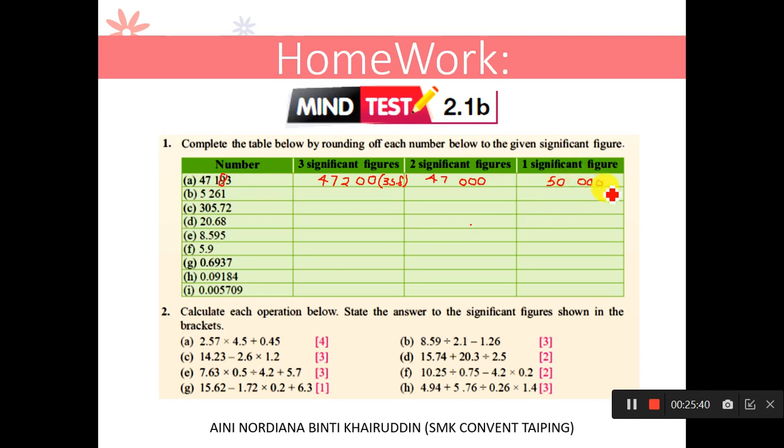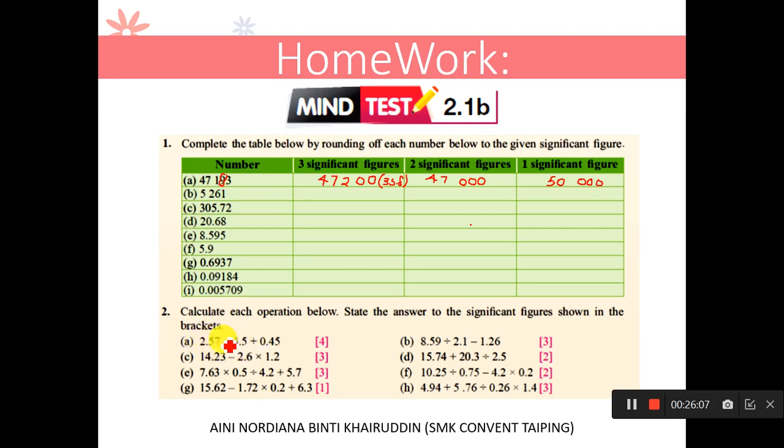Okay, so for question number 2, calculate each operation below. State the answer to the significant figures shown in the bracket. So this one you do as usual. First you have to multiply these two numbers.